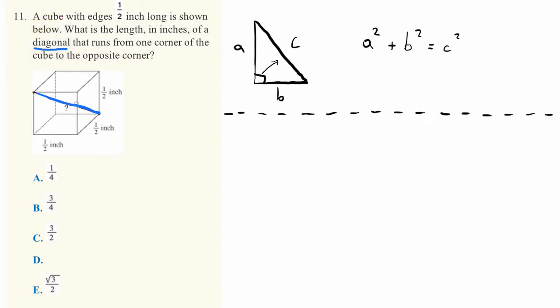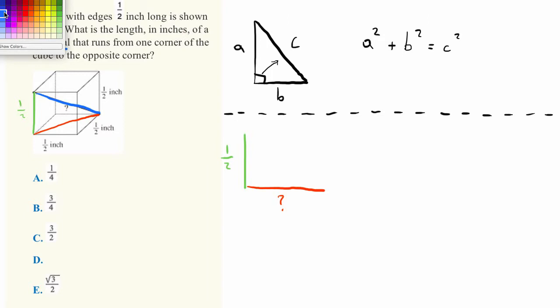Here we have this blue line, and if I knew the length of this red line below it, and the length of this green line here, which I do know, it's 1/2, then I would have a right triangle. Let me redraw this here. I would have a right triangle with a green line of length 1/2, a red line base with a length we're not sure of, and the blue line as its hypotenuse.